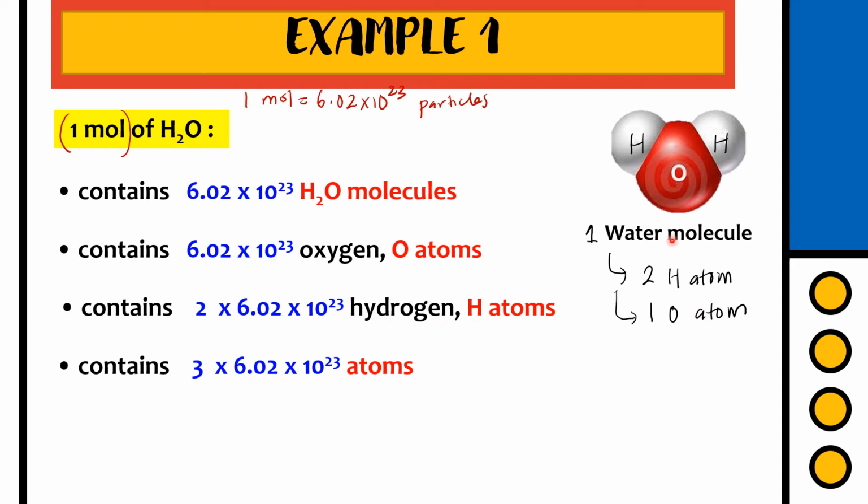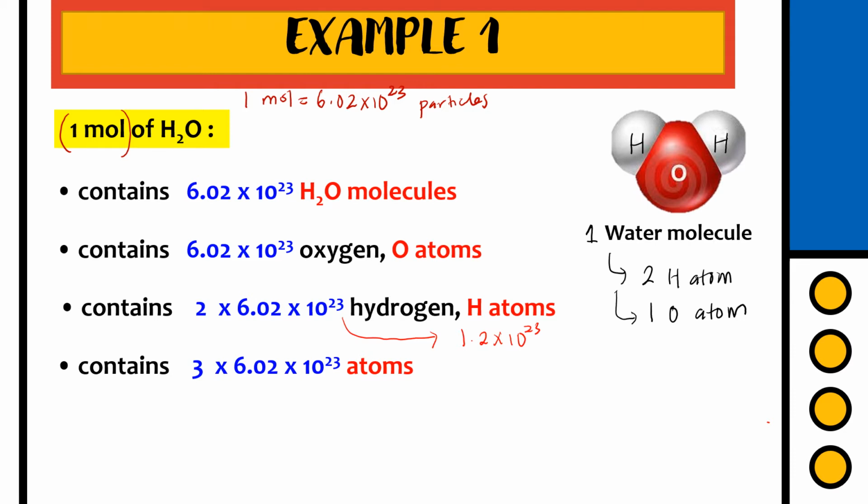Kenapa? Tadi kita dah bincang satu water molecule ada 2 hydrogen atom. Jadi kalau 1 mol, akan mengandungi 2 kali 6.02 darab 10 kuasa 23. So it will contain, kalau kita nak kira nilai ni dekat sini, adalah 1.2 times 10 to the power of 24 hydrogen atoms.